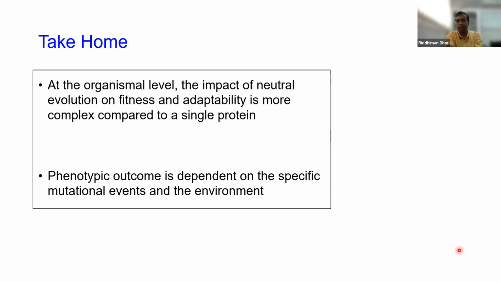To summarize, at the organismal level, the impact of neutral evolution on fitness and adaptability is much more complex compared to a single ribozyme or a protein. The phenotypic outcome depends on the specific mutation events and the environment that we set. The new environment that we impose also determines the phenotypic outcome. Thank you.